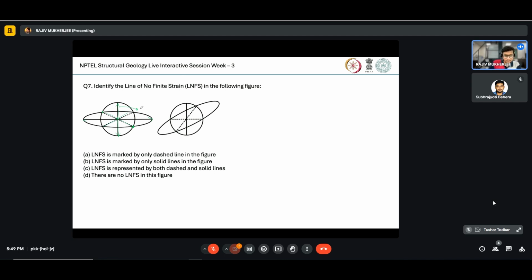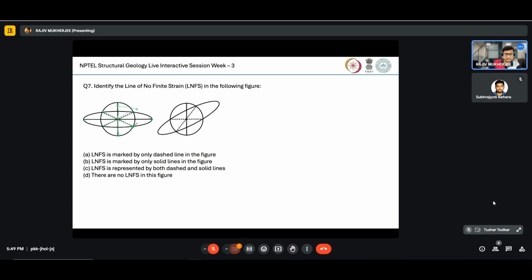So in that case, these two lines as well, they will not change because this intersection point will remain constant. I mean, they will obviously rotate, but their length will not change.